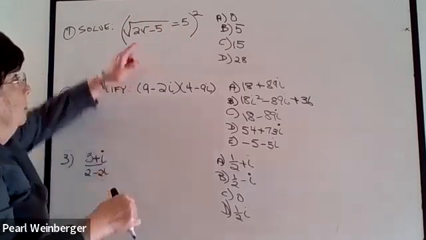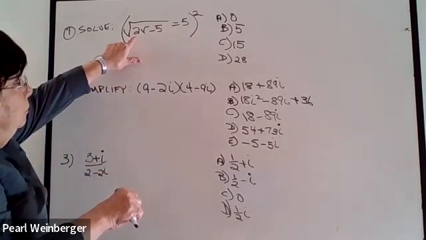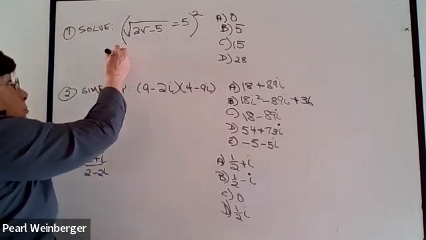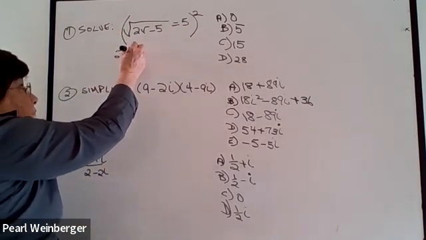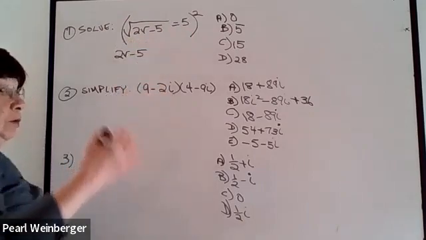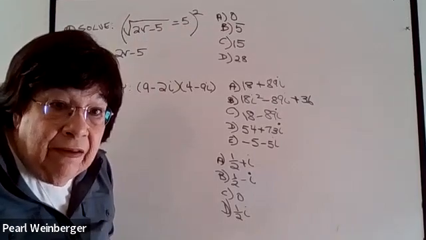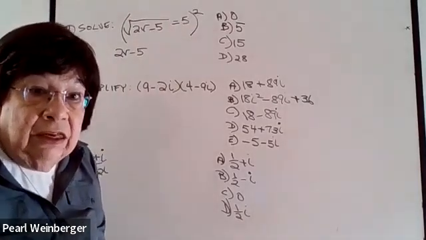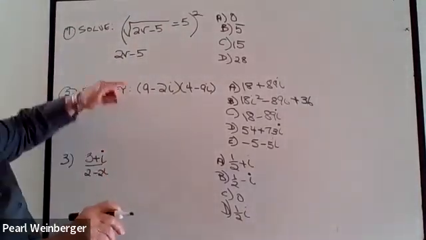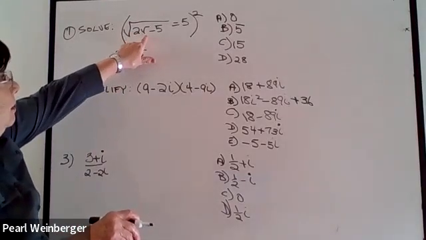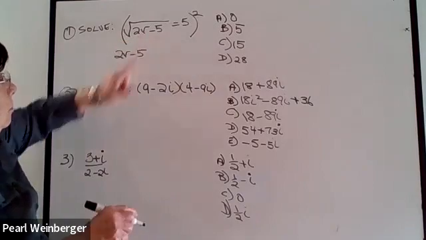Now, when we square, or multiply, the square root of 2r minus 5 by itself, it gives us the 2r minus 5, because anything in a square root, when it's multiplied by itself, is going to give you what's in that radical.